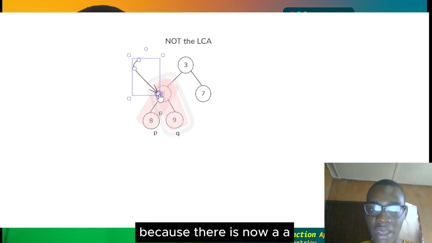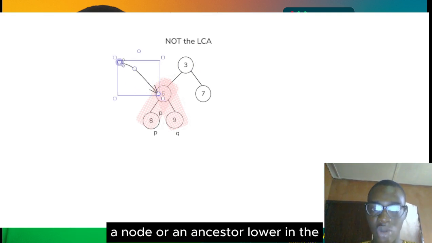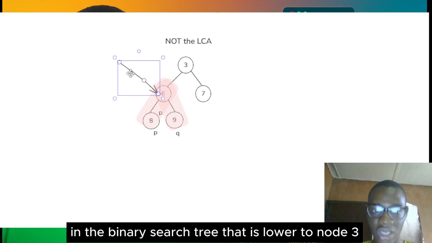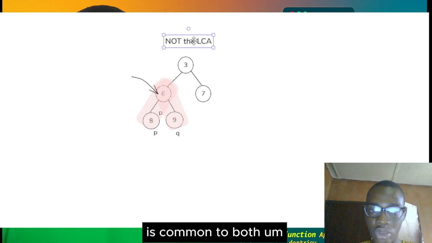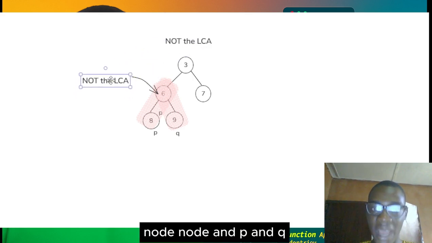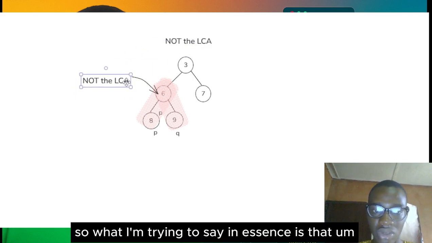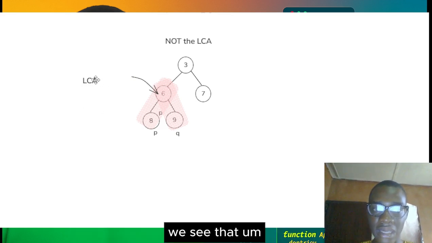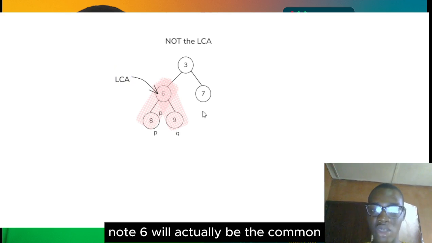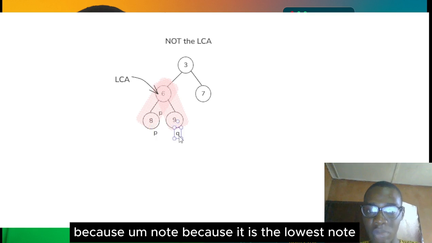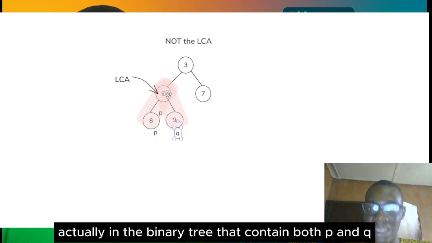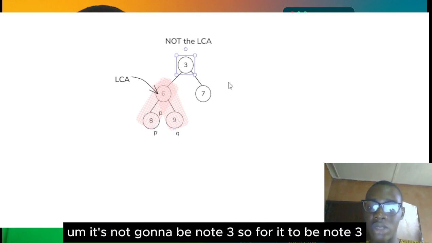Because there's now an ancestor lower in the binary search tree than node 3 that is common to both P and Q, that is, it contains both P and Q. So in a situation like that, we see that node 6 will actually be the lowest common ancestor, because it is the lowest node in the binary tree that contains both P and Q. So it's not going to be node 3.